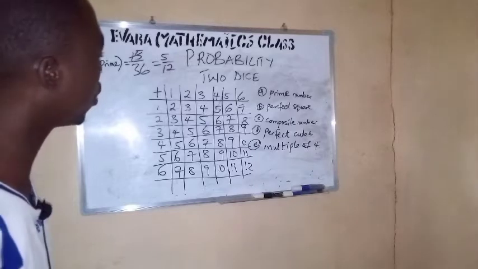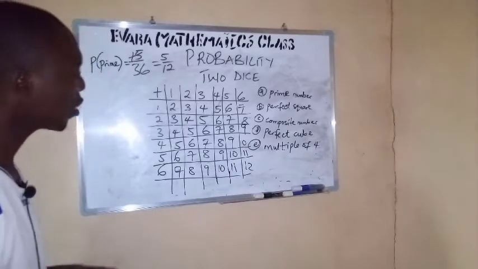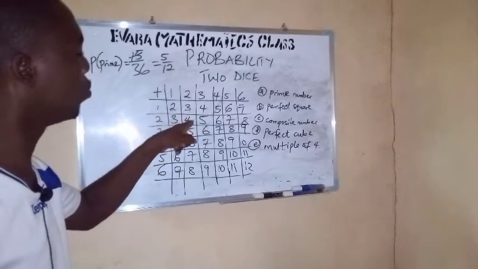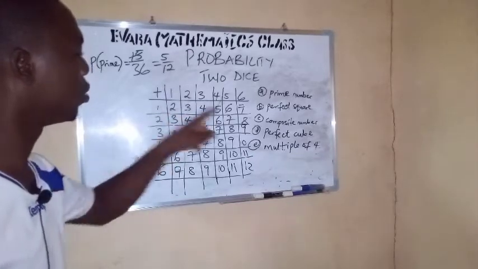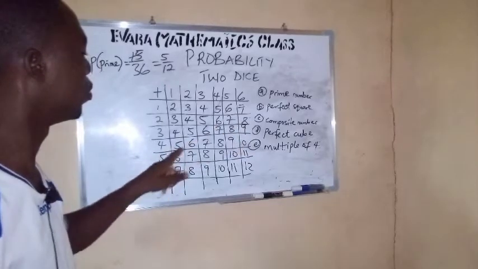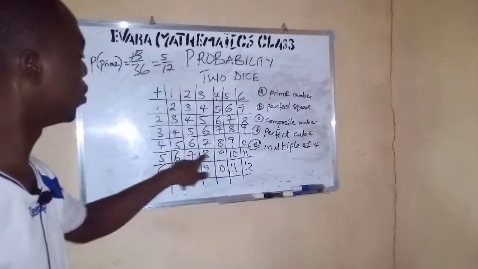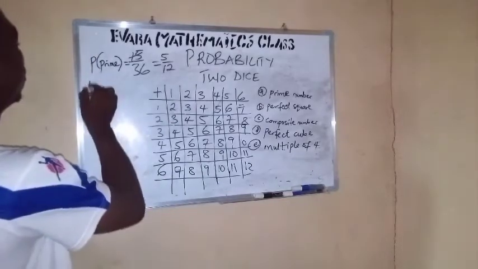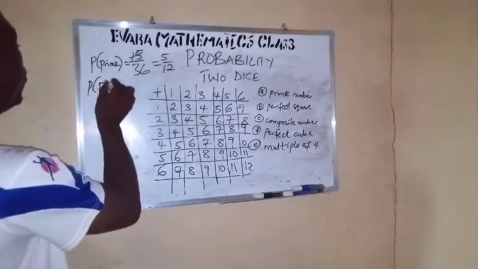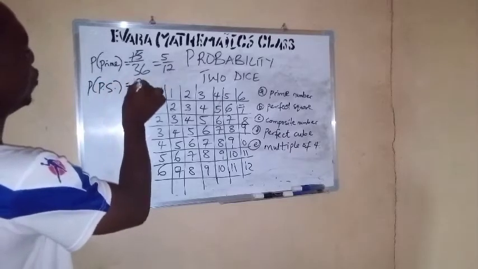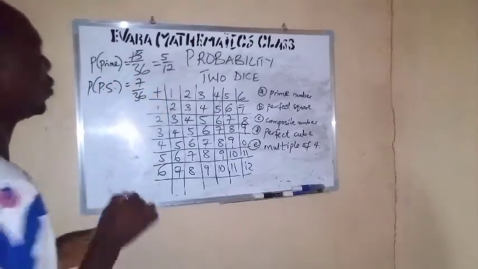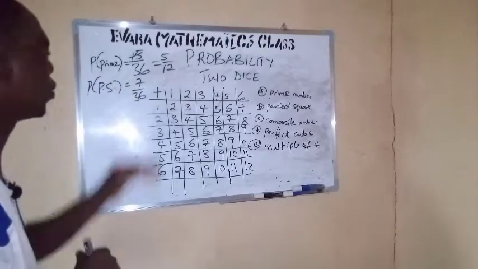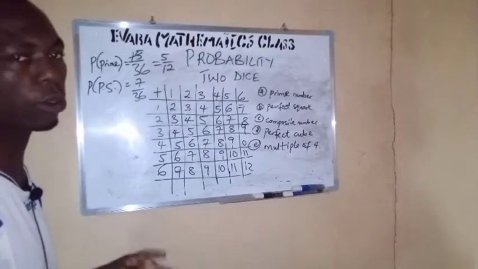Looking at this table, the perfect squares here are 1, 2, 3, 4, 5, 6, and 7. So the probability of a perfect square is 7/36. We leave 7/36 this way because 7 and 36 don't have common factors.